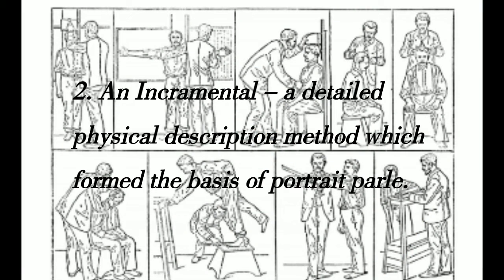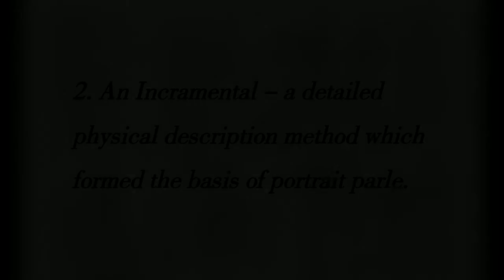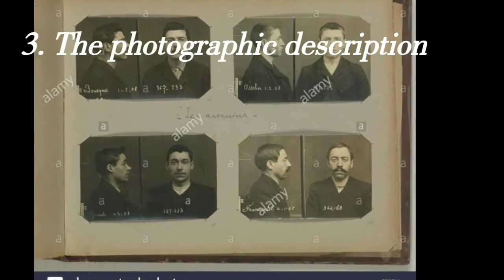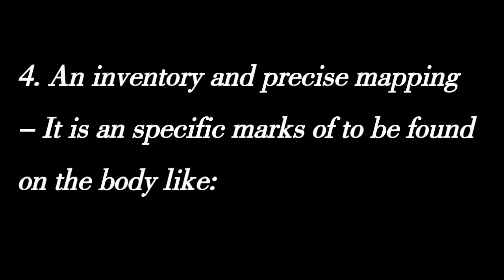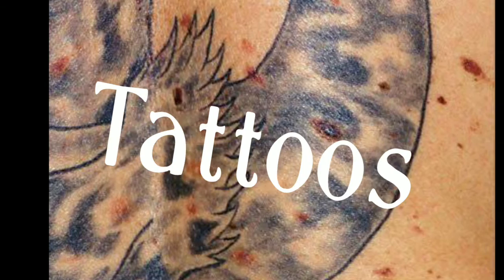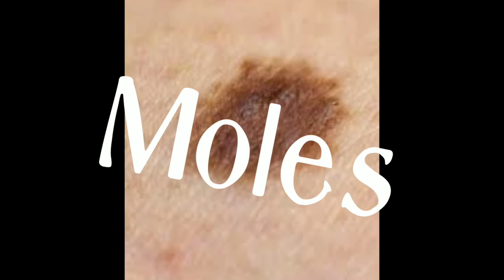Number 2, an incremental, detailed physical description method which formed the basis of portrait parle. Number 3, the photographic description. And number 4, an inventory and precise mapping of all of the specific marks to be found on the body like scars, tattoos, moles, and the like.